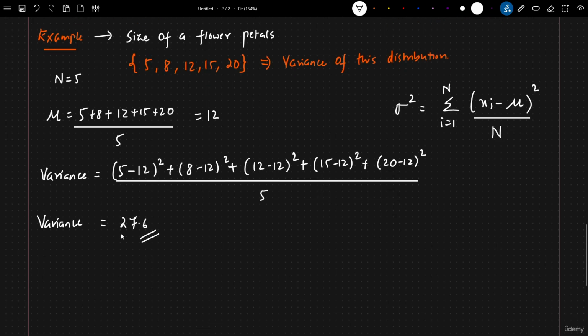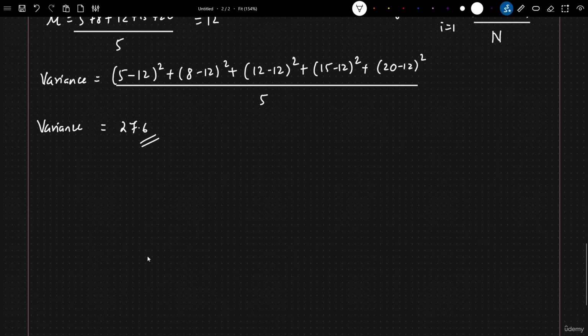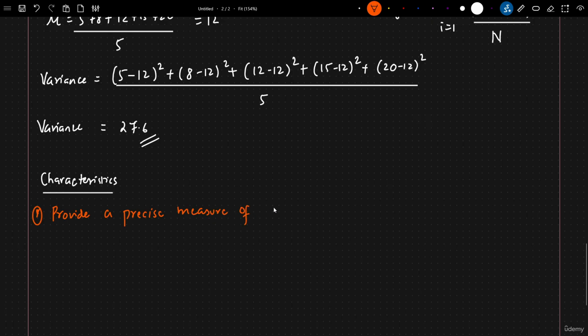Let's go ahead and define some of the characteristics of variance. I hope you got an idea how to calculate the variance. The first characteristic is that it provides a precise measure of variability.